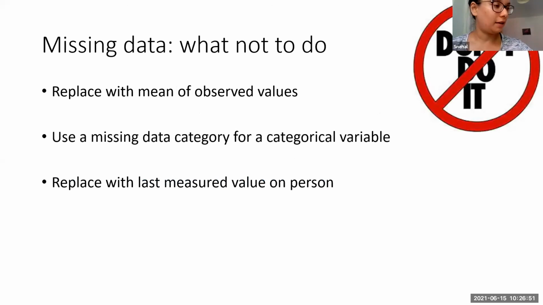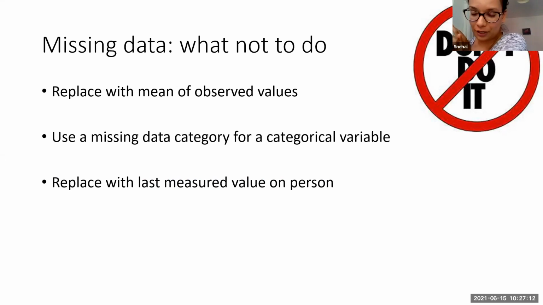And to end, even if you didn't understand anything from my talk, that's totally fine. But this is just to tell you what not to do instead of multiple imputation. Please don't replace any missing values with the mean of the observed values.